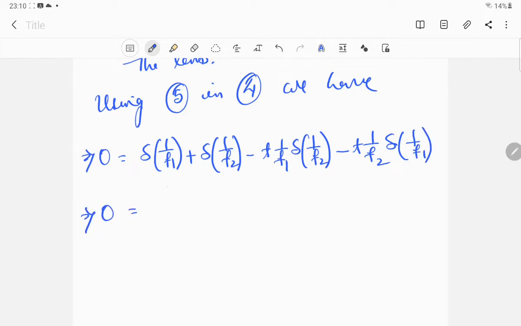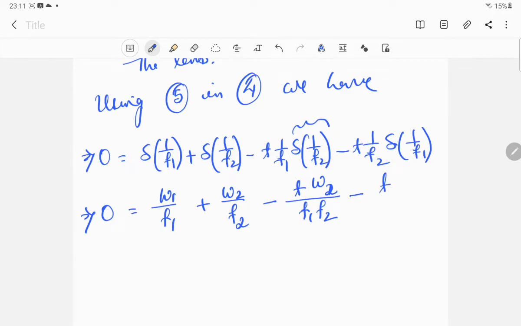So it is nothing but omega 1 by f1 plus omega 2 by f2 minus t into omega 2 by f1 f2 minus t into omega 1 by f1 f2.